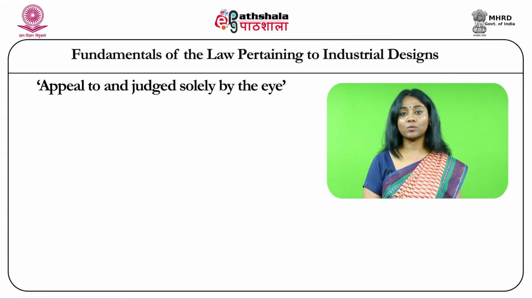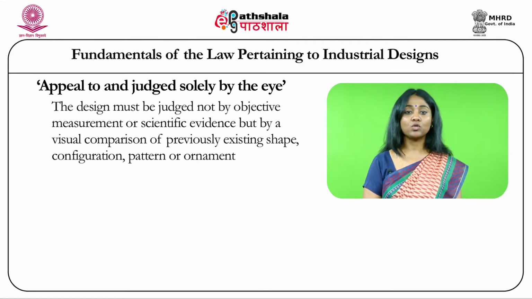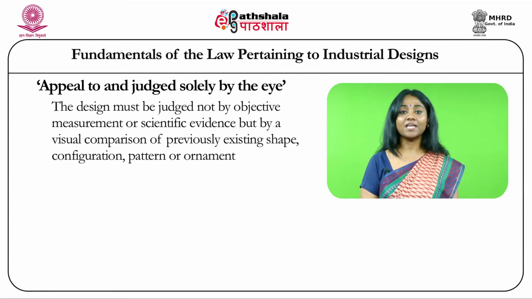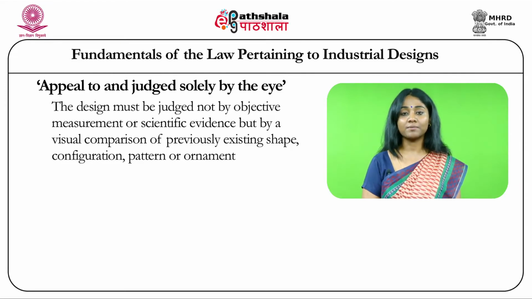Appeal to and judged solely by the eye. As already mentioned, the design must be judged not by an objective measurement or scientific evidence, but by visual comparison of previously existing shape, configuration, pattern or ornaments, and thereby any added value which adds to the appeal of the article and therefore making it more commercially exploitable, and therefore consumers will find it more attractive to then go on to actually purchase it, is what is protected under design.